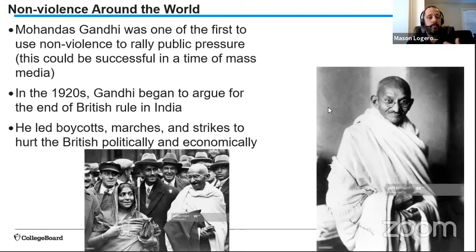to help India gain independence from Britain. Now, I want you to think about this idea of nonviolence in order to rally public sentiment. Remember that we're in the 20th century now. And in fact, all three of these guys we're going to look at are in the second half of the 20th century. It's a time of mass media. Radio is popular all over the world.